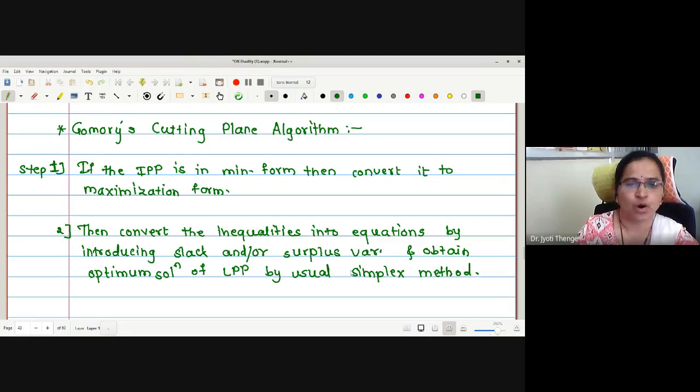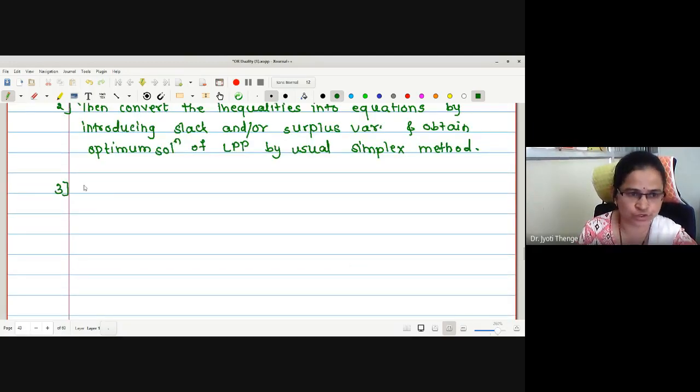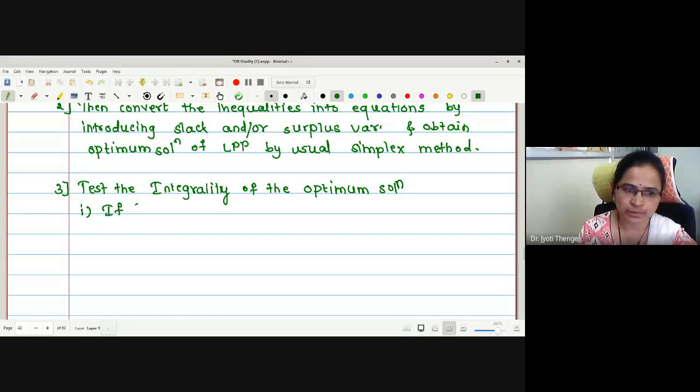Step number 3, we are going to observe the nature of the solution. Test the integrality of the optimum solution. In this, point number 1 is, if the optimum solution is an integer value, stop the process.